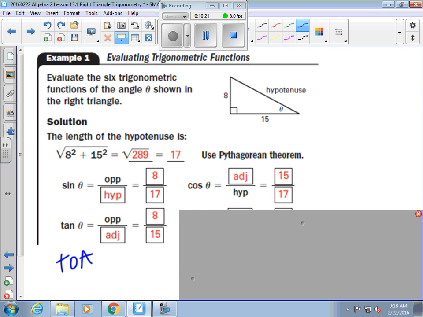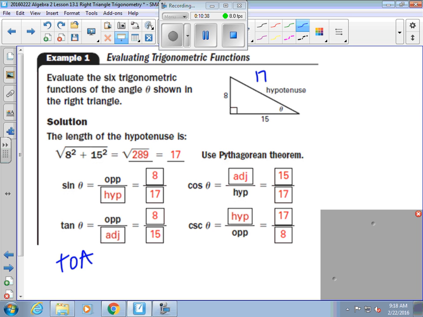So sine is paired with cosecant. Cosecant is the reciprocal. Instead of being opposite over hypotenuse, it's hypotenuse over opposite. So again, hypotenuse we know is 17 over the opposite, which is 8. That's the cosecant.